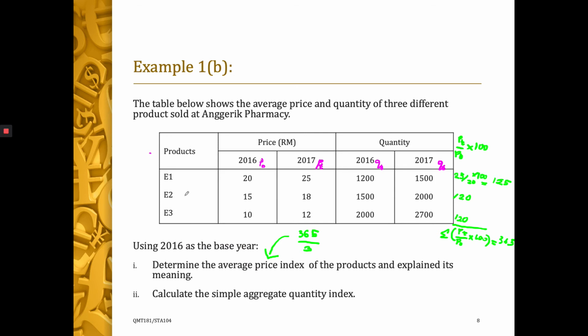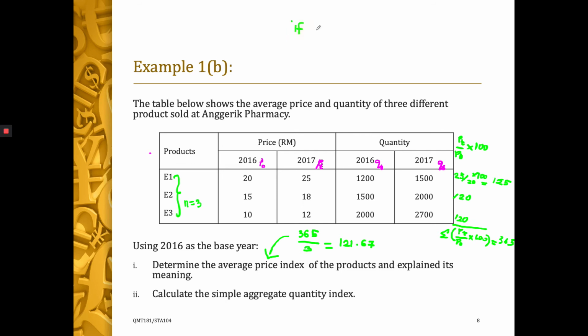Why 3? Because you have 3 items, so n equals 3. So the value will be 121.67.